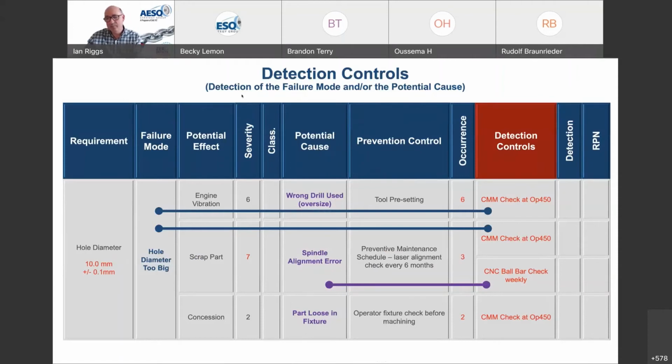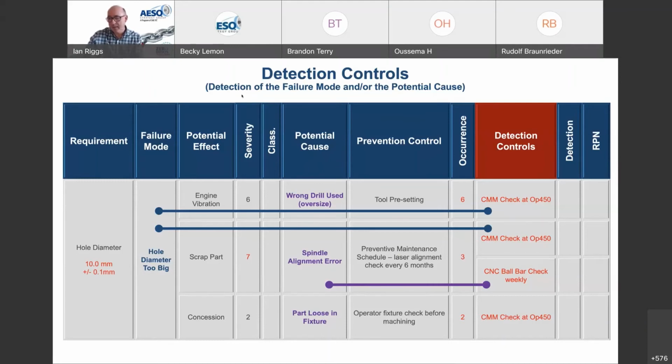So what most requirements and failure modes should have is an inspection of some sort, unless you're onto sample inspection or reduced inspection because your customers allowed you to do that. So you would expect to see for every potential cause, when you score the RPN, you have a detection control that includes inspecting for the failure mode. And in this case, we've got a CMM check at op 450 that will measure that hole diameter.